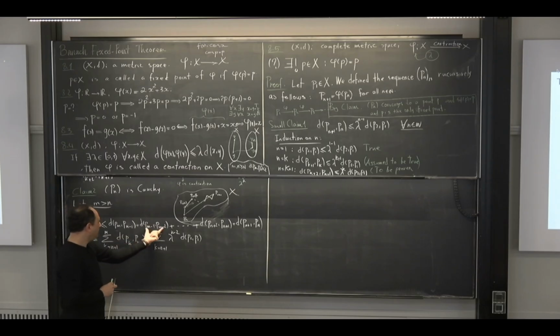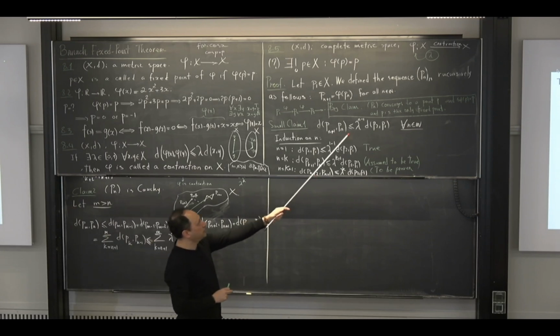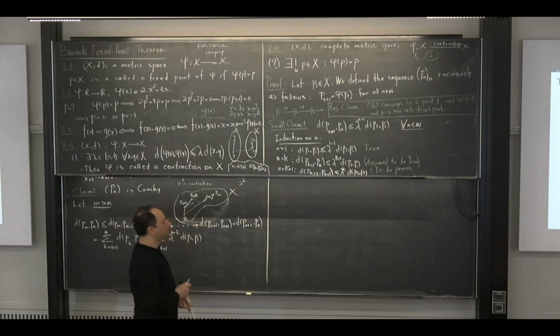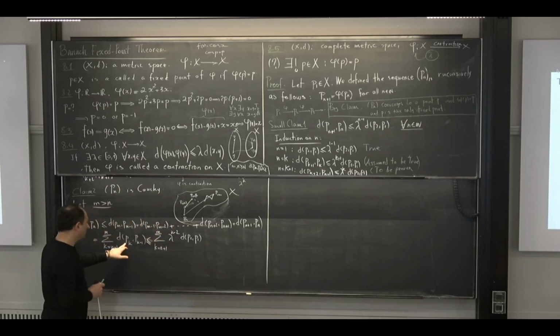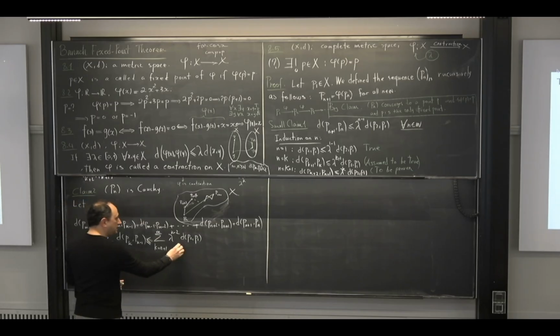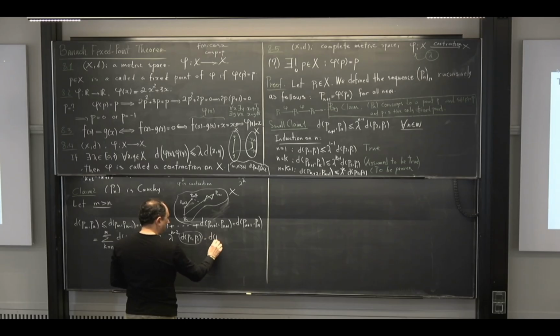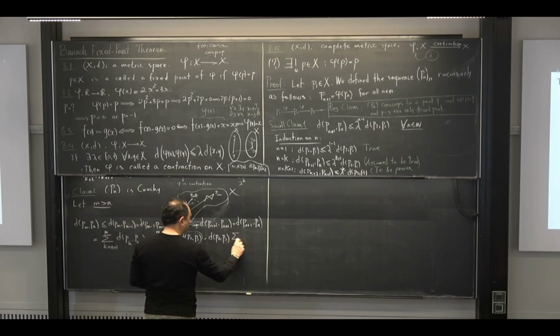Because every term is the distance between consecutive terms, and I have an estimate for consecutive terms, I use this formula over and over again. But d(p2, p1) is a constant number which does not depend on my counter, so I can pull it out from my sigma. And then I have this sum.